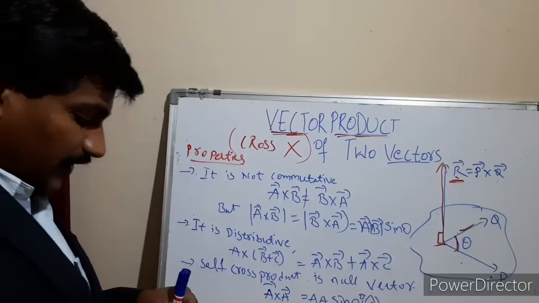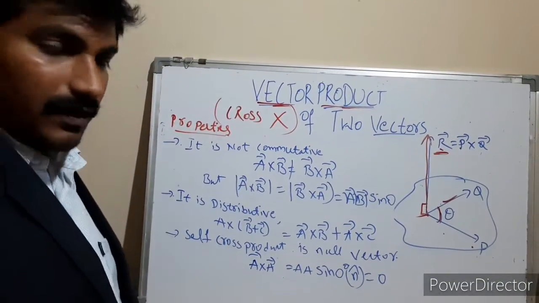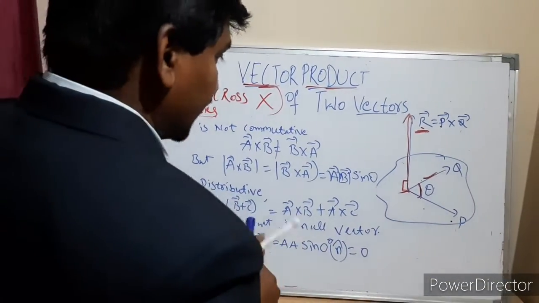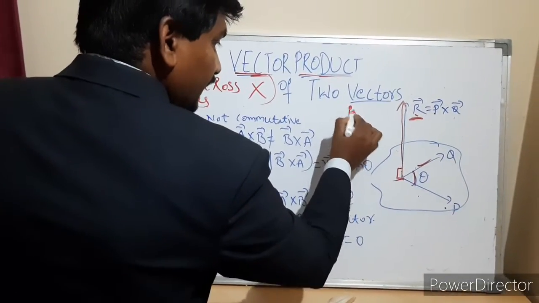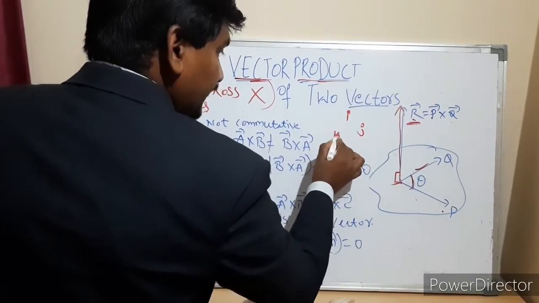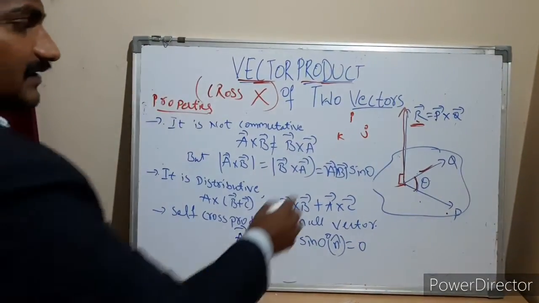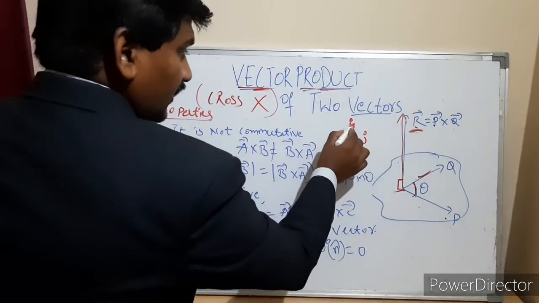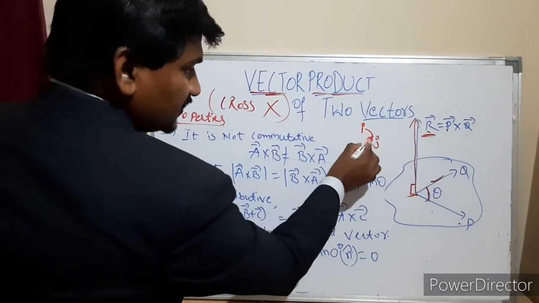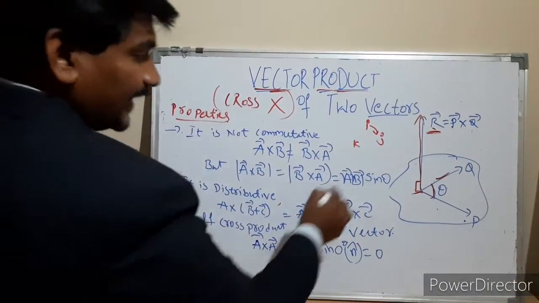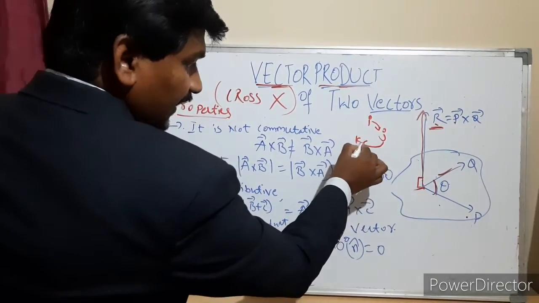Before discussing the properties, I need to tell you a small cycle, that is the vectors i, j and k. Whenever you do the cross product of i with j, you will get the vector k.